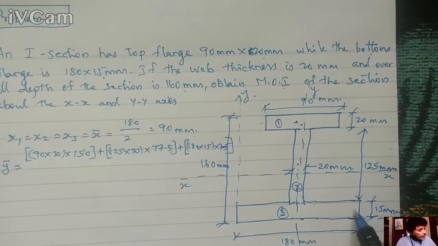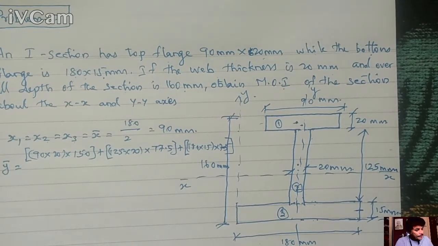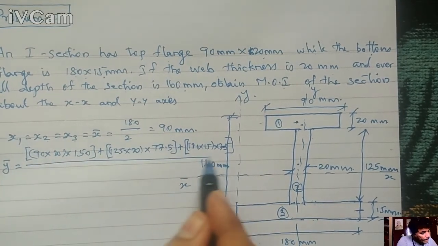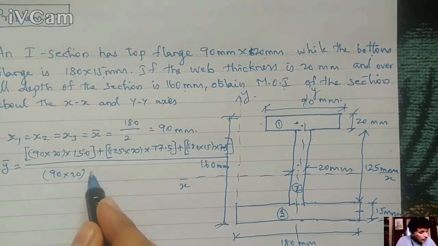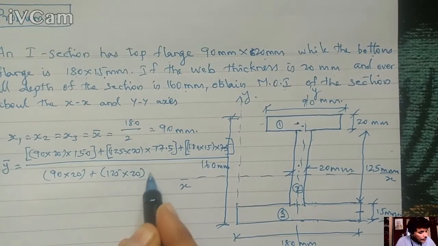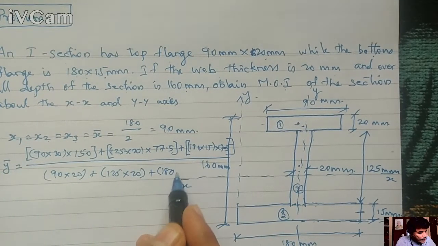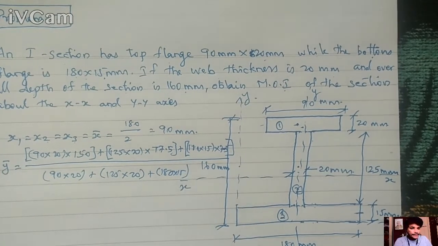So here from the bottom 7.5, divided by 90 by 20 plus 125 by 20 plus 180 by 15. This is the total area, that is A1, A2, A3.